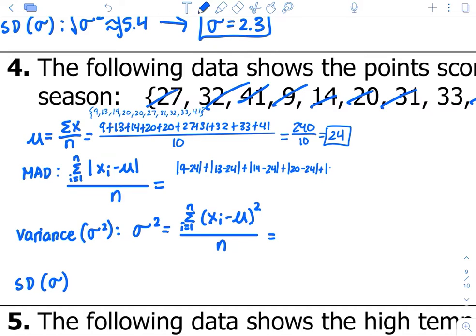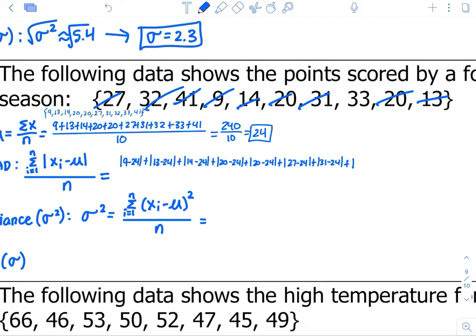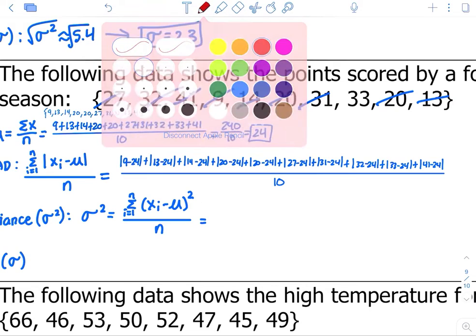Your fifth number minus the mean. Your sixth number minus the mean. Your seventh number minus your mean. Your eighth number minus your mean. Ninth number minus your mean. And finally, your 10th number minus the mean. All over 10.